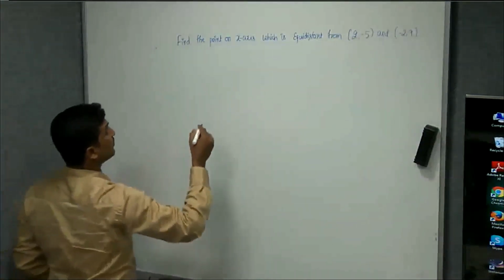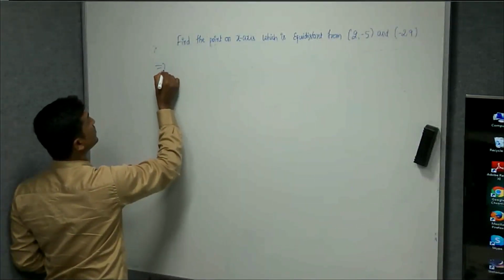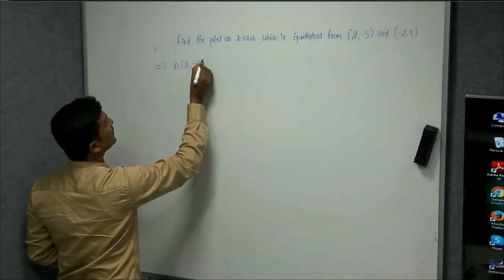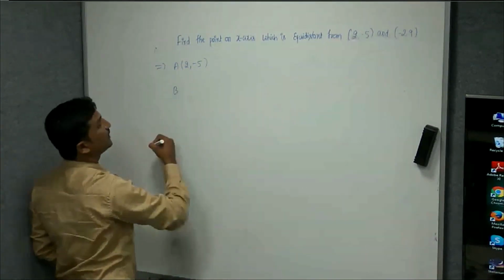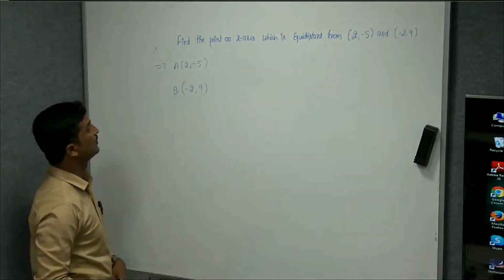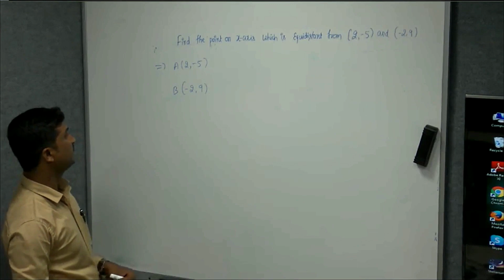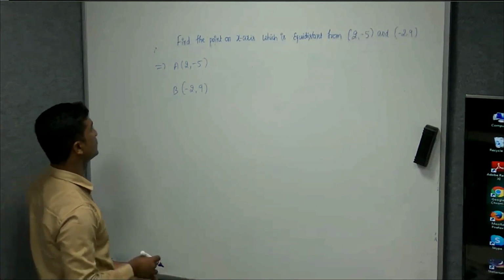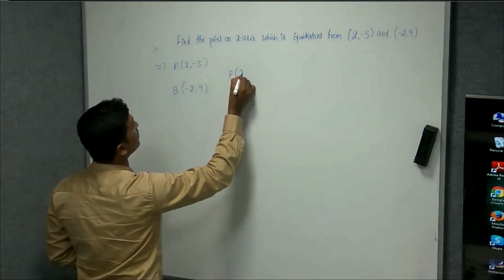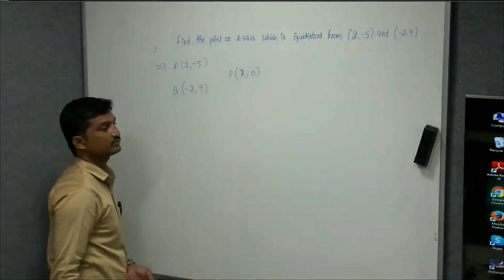Let us take the first point as A, that is (2, -5). Another point B, (-2, 9). Now these 2 points are equidistant from a point on x-axis. Let us take that point on x-axis as P (x, 0).